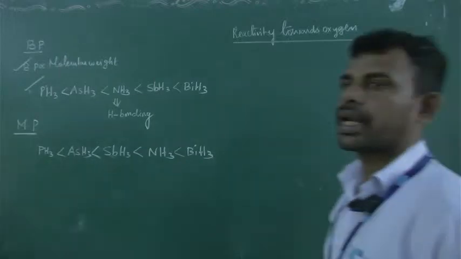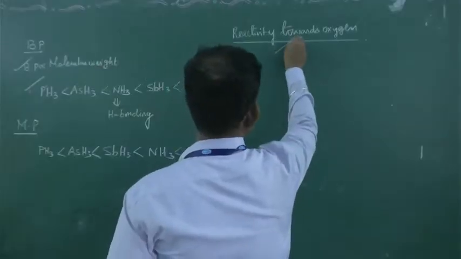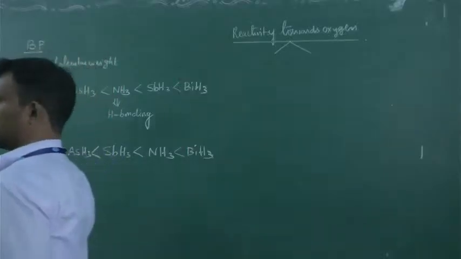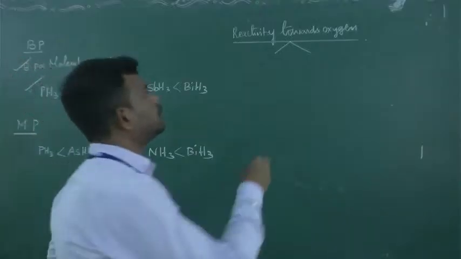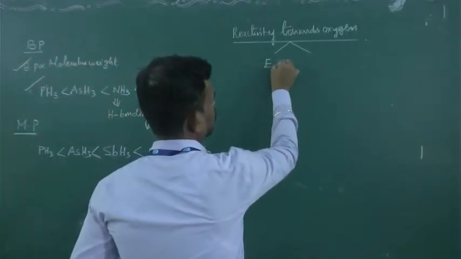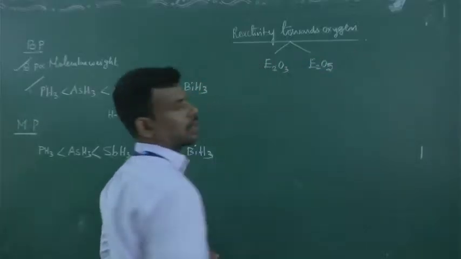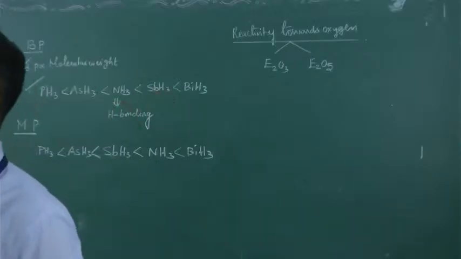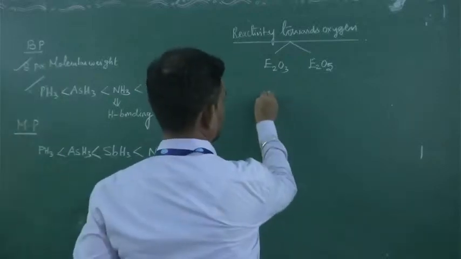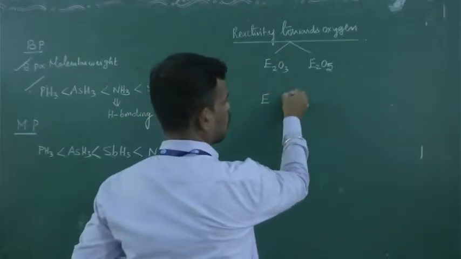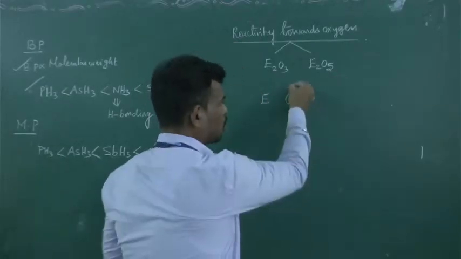If you treat them with oxygen, it will lead to two types of oxide. One oxide is going to be E2O3. Another is going to be E2O5. Can you give the reason for this? Here, E and O. What is the valency of oxygen in this case? 8 minus 6, 2.